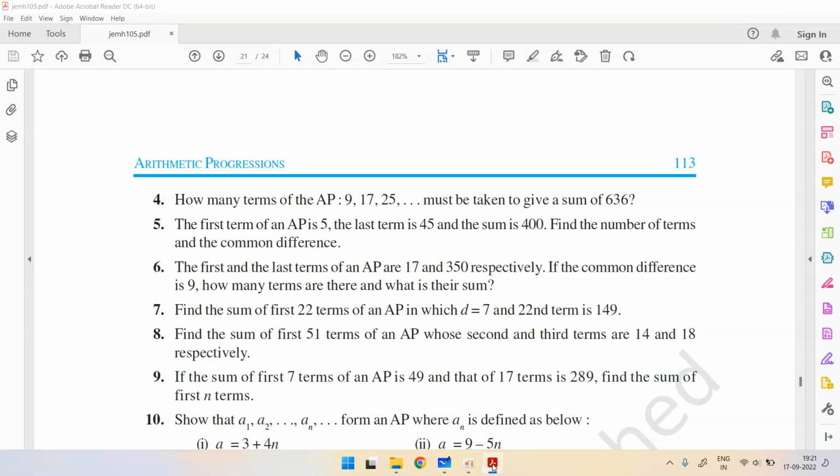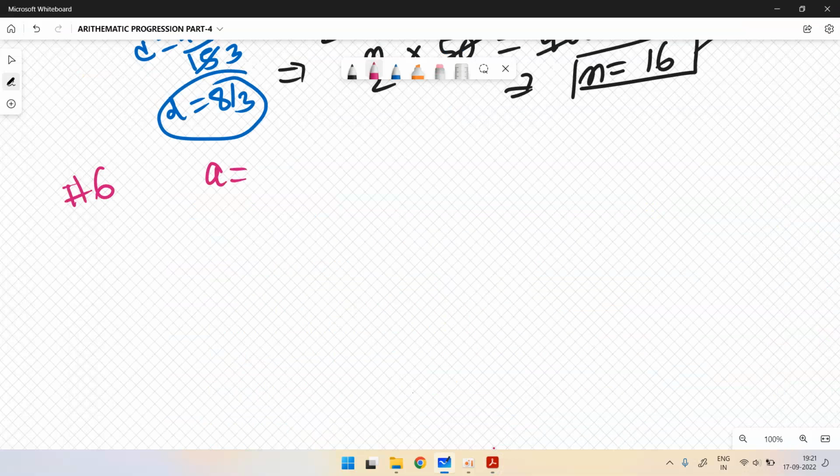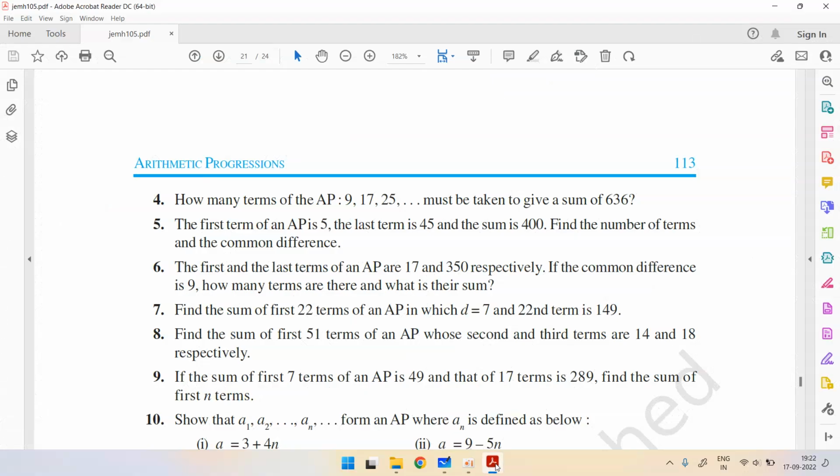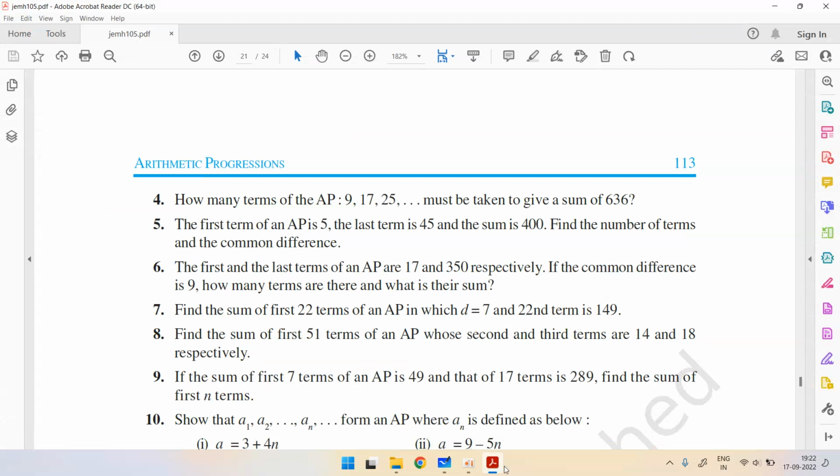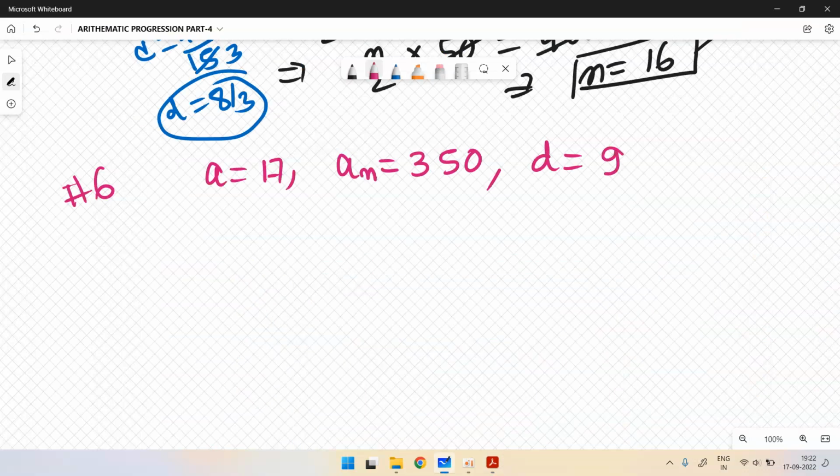A is given to be 17, the nth term, the last term, is 350, and the common difference is given to be 9. They need to find n equals what, and Sn equals what: the number of terms and the sum till n terms.